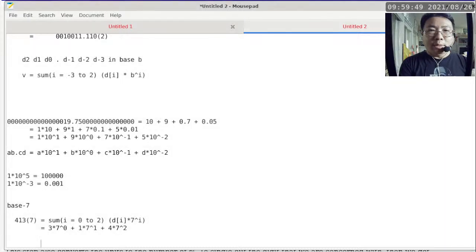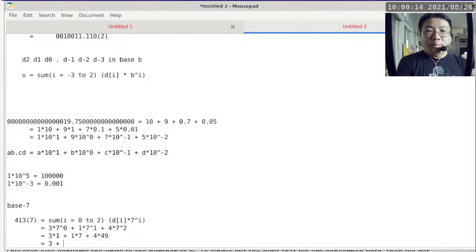So I got a bunch of confirmation down there. All right, so now we can finish this calculation. 7 to the power of 0 is just 1, so it's 3 times 1. And we have 1 times 7, because 7 to the power of 1 is just 7. And then we have 4 times 49, because 7 to the power of 2 is 49. And now we just have to add it up.